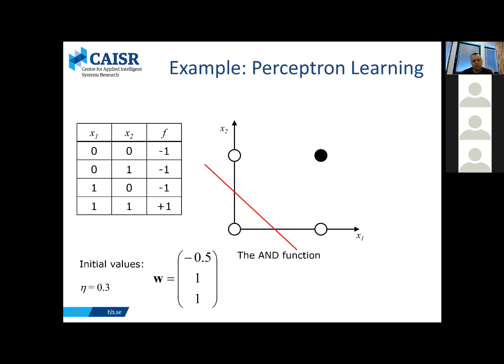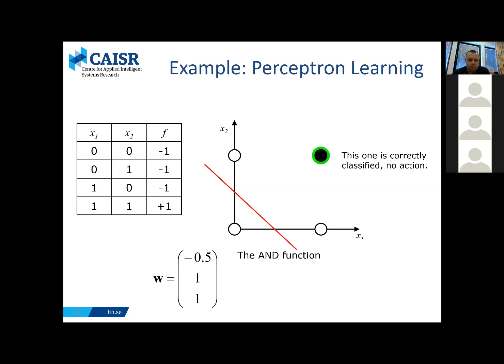Everything on the right-hand side of this line will be classified as +1. So what we can do is go through our training examples one by one and start looking at how the perceptron does. Clearly, what we want is to have this line move towards the upper right. Let's see if the perceptron can actually figure it out.